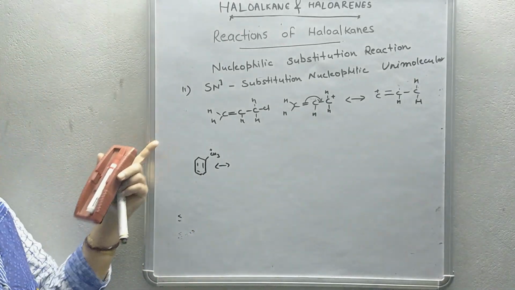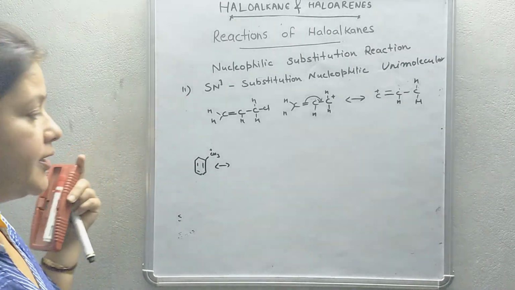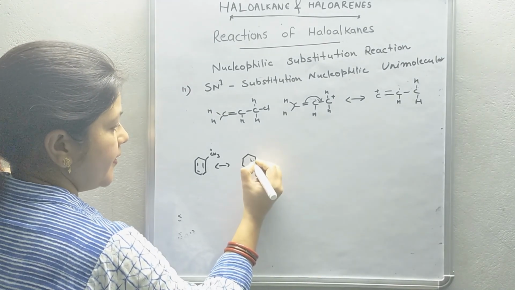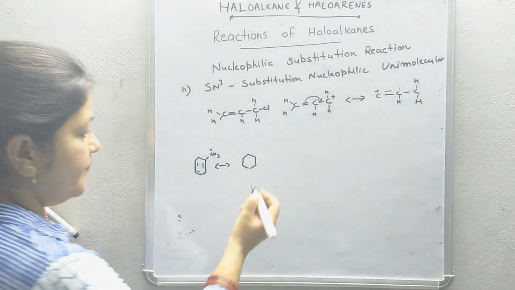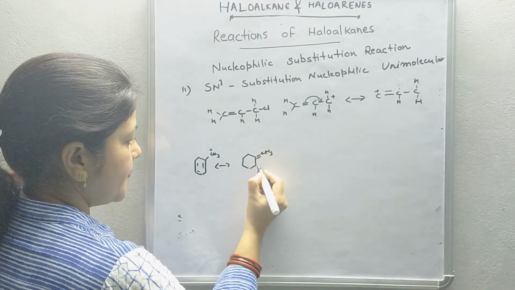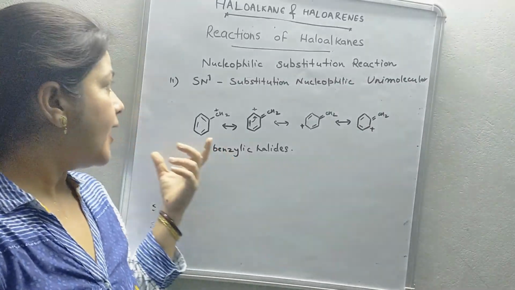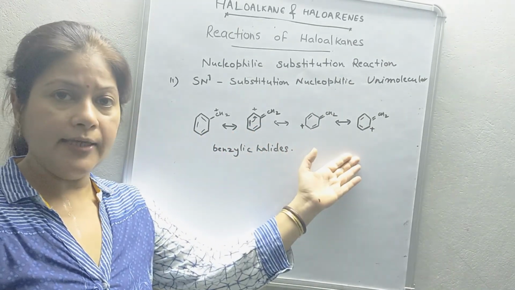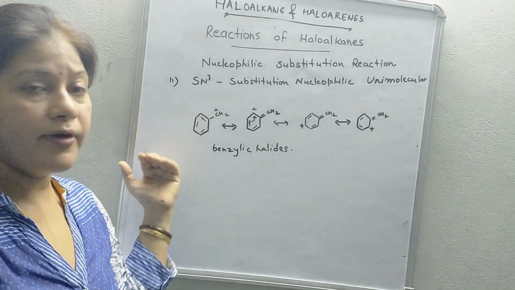So in this type of elements, the SN1 reaction takes place because the carbocation formed is resonance stabilized. For the benzyl halide, the SN1 reaction is carried out this way. The carbocation is formed with resonance stabilized. So it is more stable. The carbocation formed is more stable. So they prefer SN1 reaction.